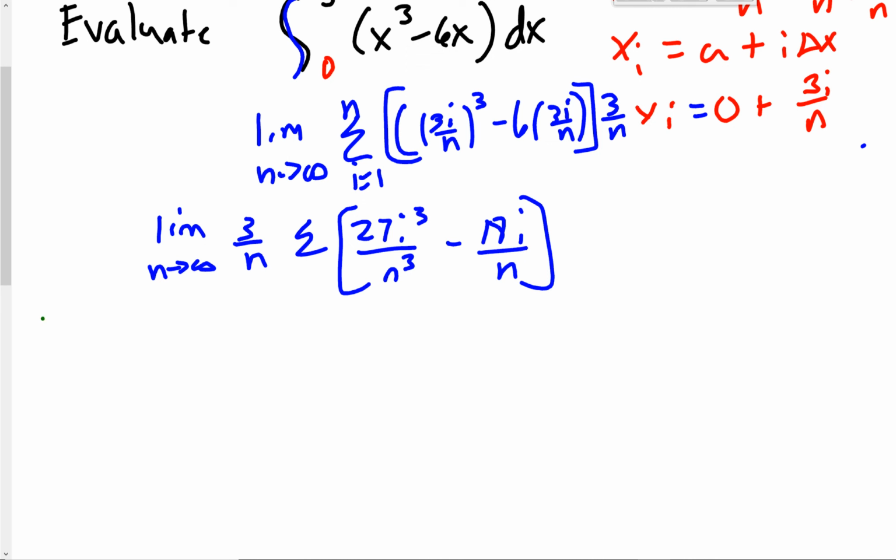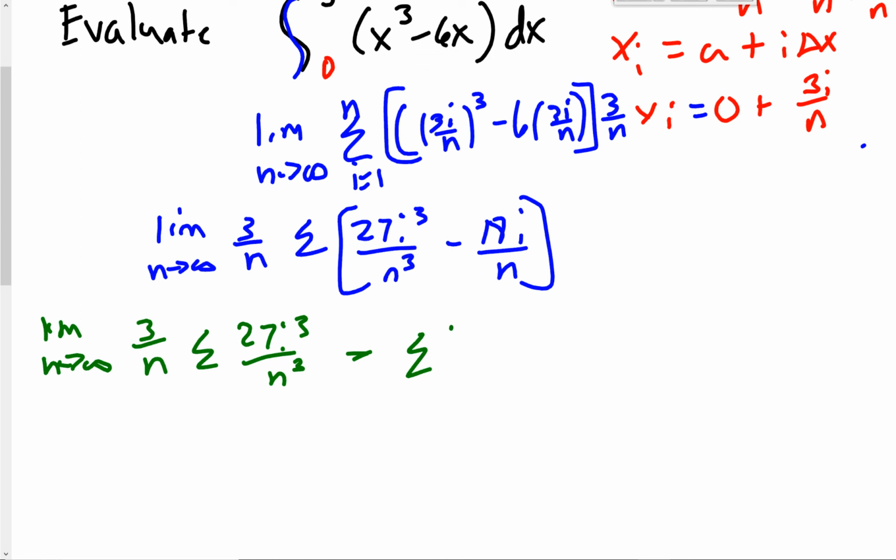Okay, so now the limit as n goes to infinity, 3 over n times the sum of 27i cubed over n cubed. Then I can apply the sum of a difference is the difference of the two sums. Okay, and then I can go ahead and take out my constants, so 27 over n cubed I can take out, and 18 over n I can take out.